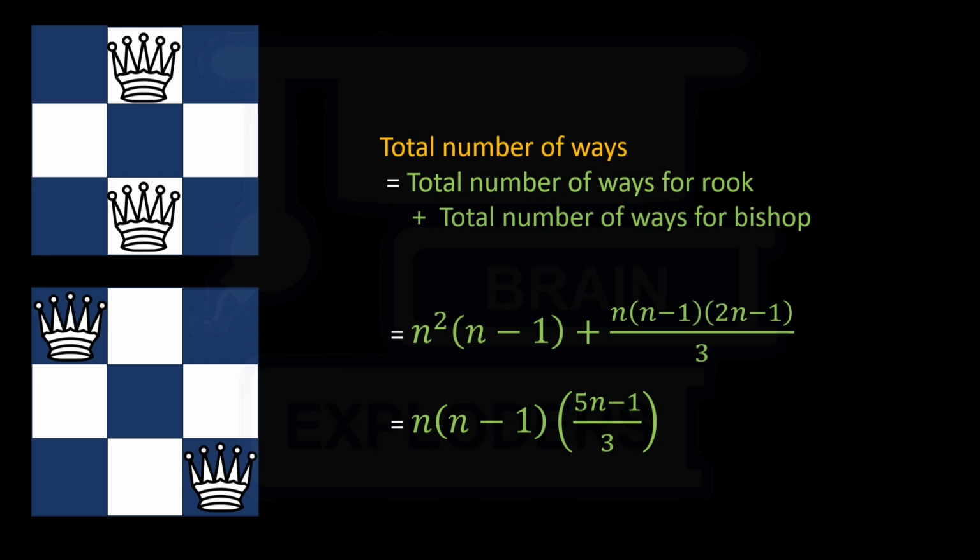So on adding the number of ways of both of these, we finally get n times n minus 1 times 5n minus 1 divided by 3. Okay, and here I am not taking an example because the number will become so large to count on the screen. You can do it yourself.